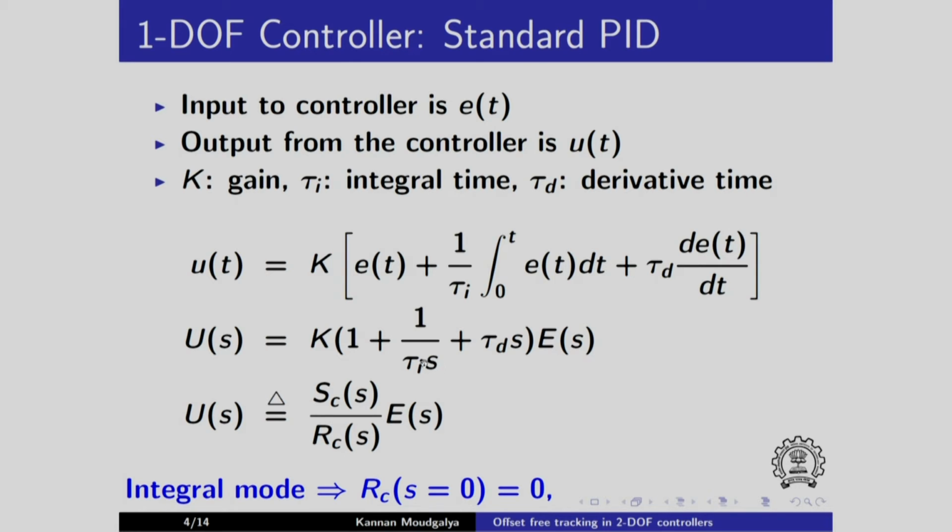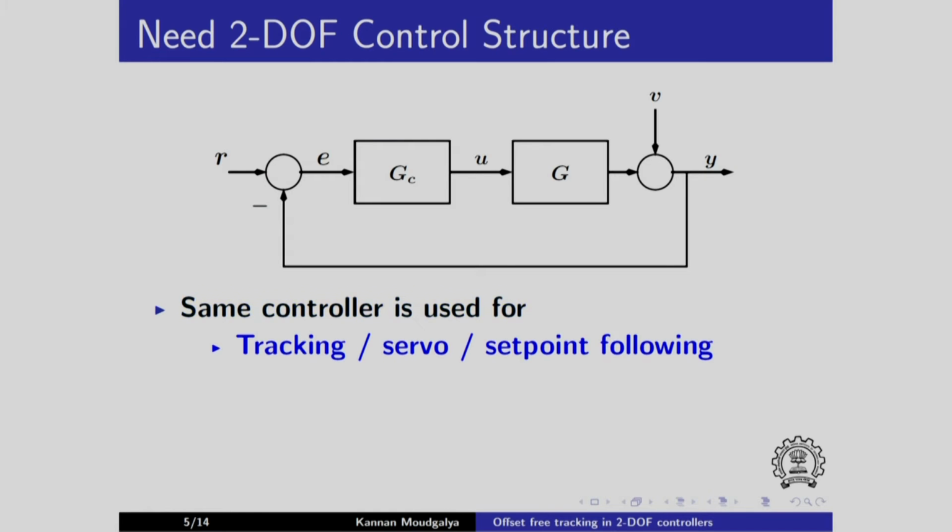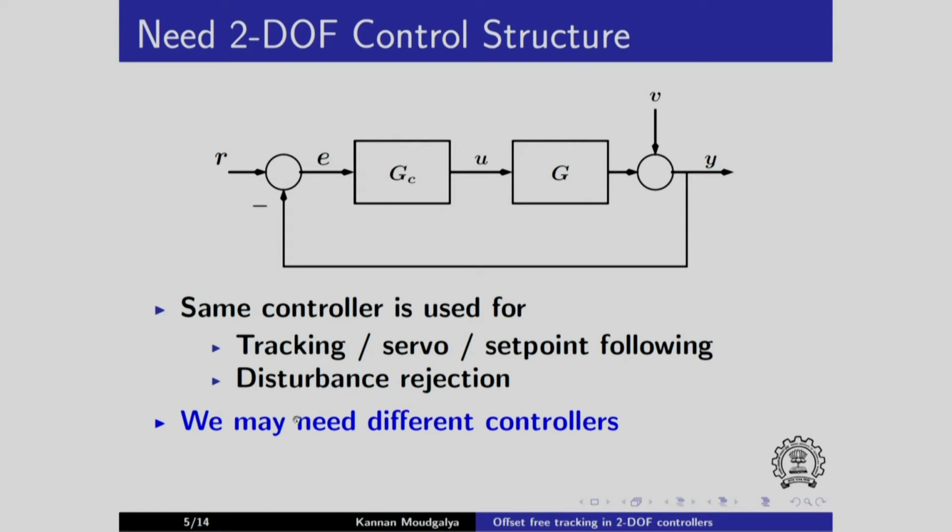Because of the integral mode, when you substitute S equals 0, it becomes 0, and we will show that in the discrete time equivalent, that is in Z transform, you have to substitute Z equals 1 and the denominator will be 0 in case of integral mode. So the same controller is used for tracking and also disturbance rejection, but we may need different controllers.